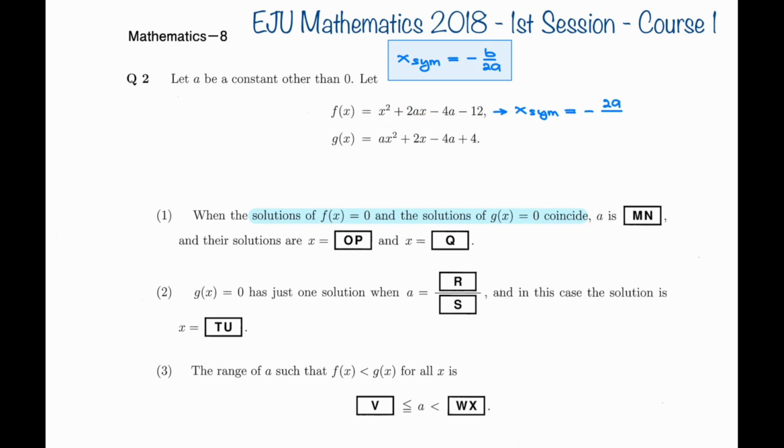So negative 2a over 2, while the symmetrical axis of my second parabola is negative b, which is 2, over 2 times a. The coefficient of x squared is a, so 2a. And then just equate them, then I think you can find the value of a.